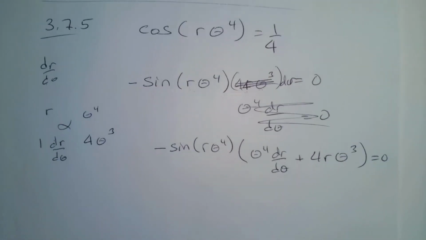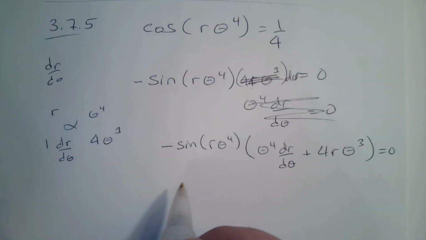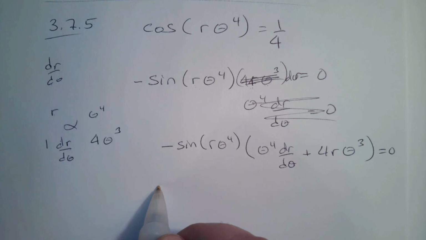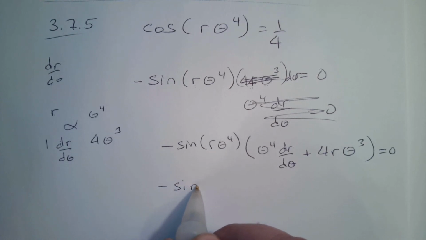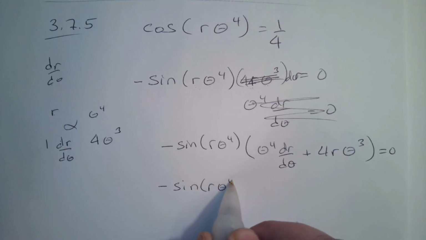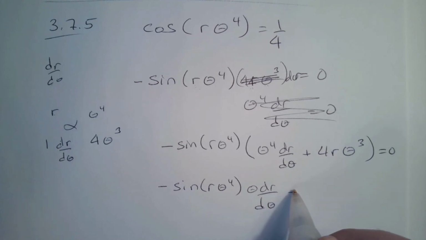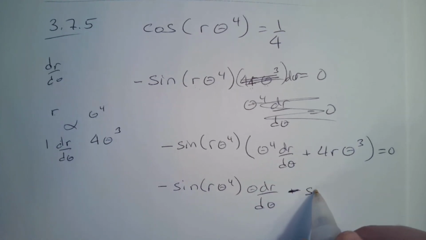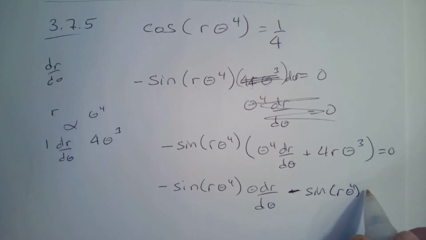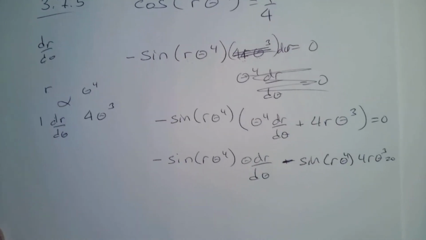But it's a constant. d theta, minus sine of r theta to the fourth, 4r theta to the cubed equals 0.